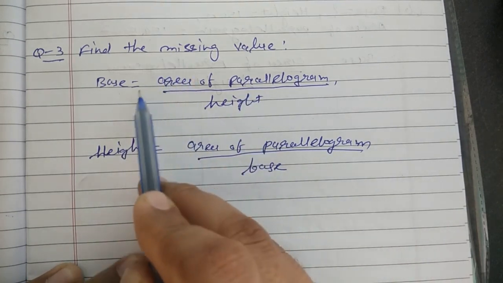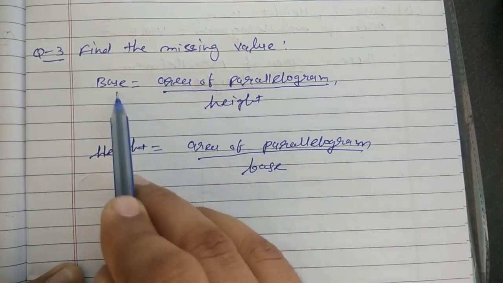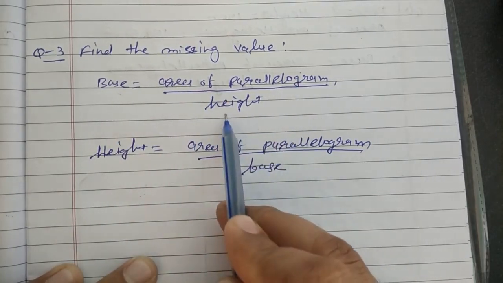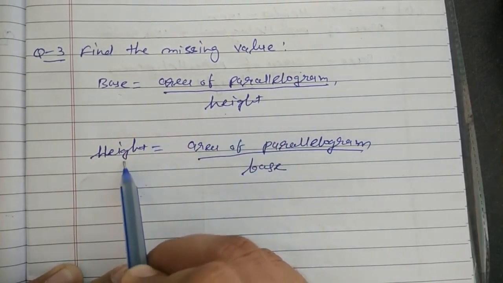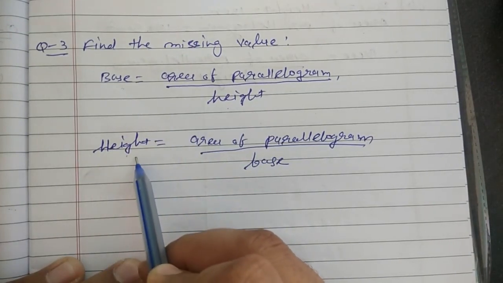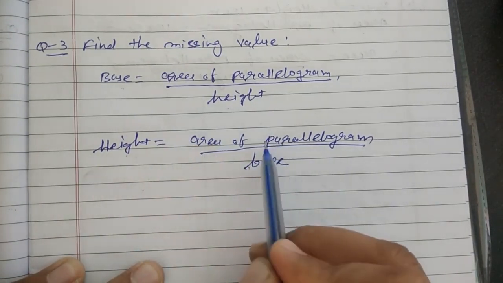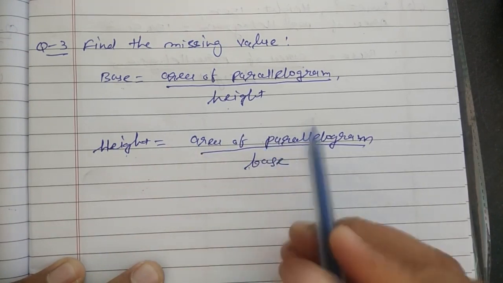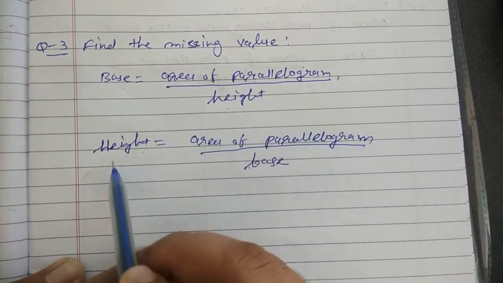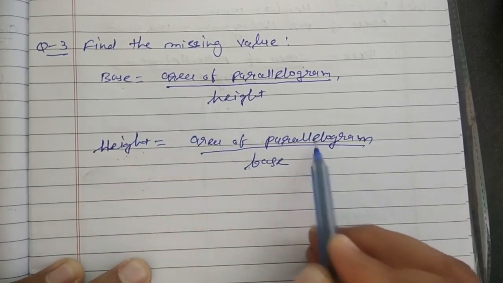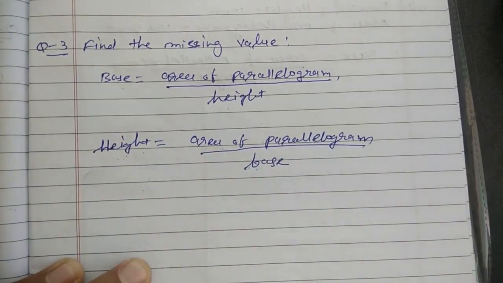So we will use this formula: base is equal to area of parallelogram divided by height. In other sums, if value of base and area of parallelogram are given, then we have to find height. For that we will use this formula: height is equal to area of parallelogram divided by base.